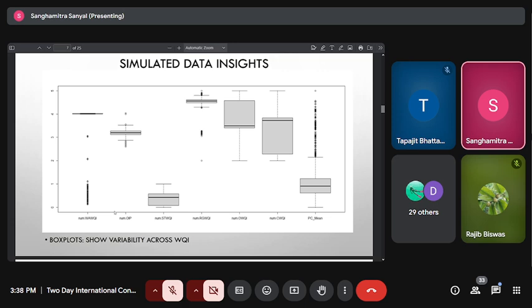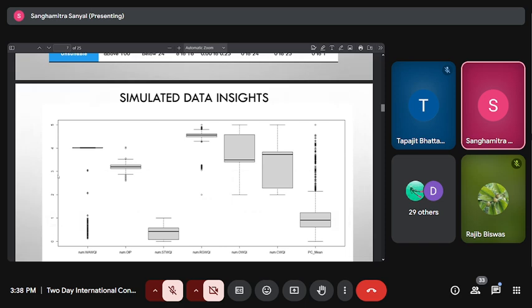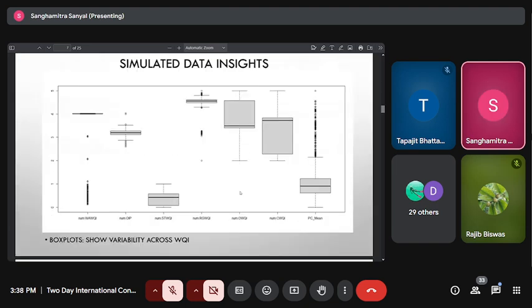OIP is saying that the water quality ranges between 3 and 4, that is poor. Swami Tyagi says that this is between 0 and 1, that is completely unsuitable.